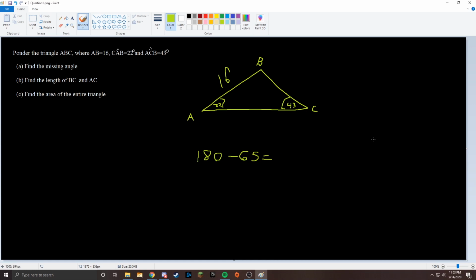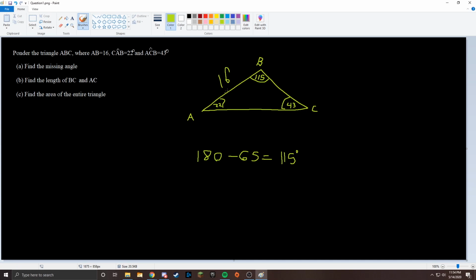So, plug that in your calculator, or solve in your head if you're really smart, and we get 115 degrees. So now we know B is 115. Simple enough. So now we need to find the length BC and AC.